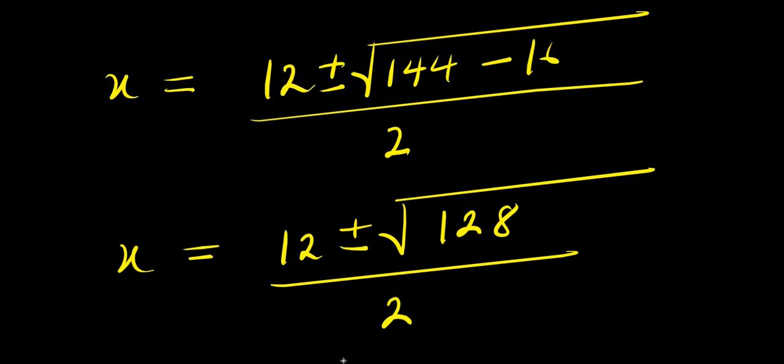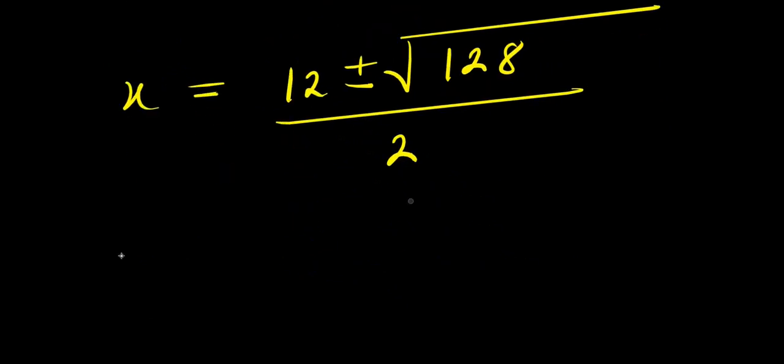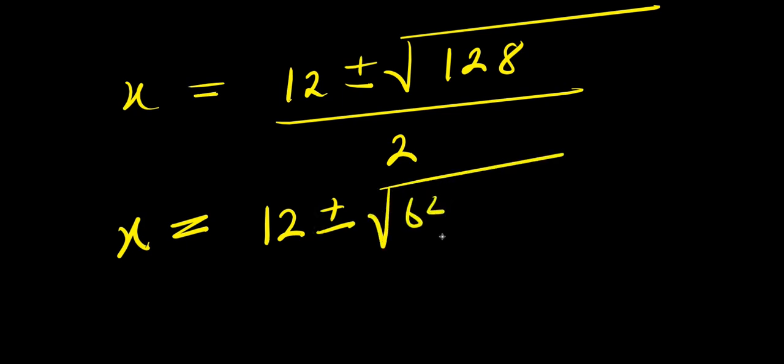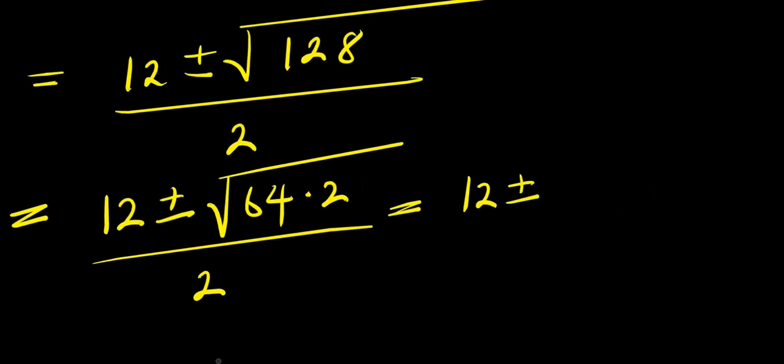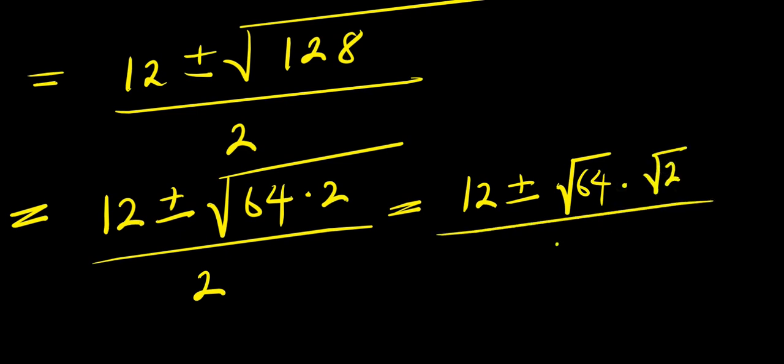So from here we have x equals 12 plus or minus square root of 64 times 2, divided by 2. This equals 12 plus or minus square root of 64 times square root of 2, divided by 2.